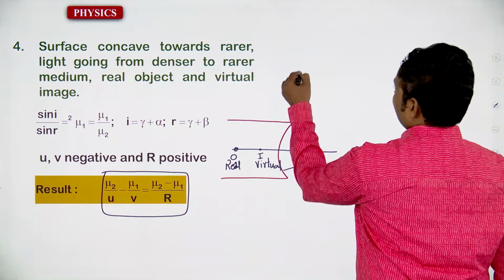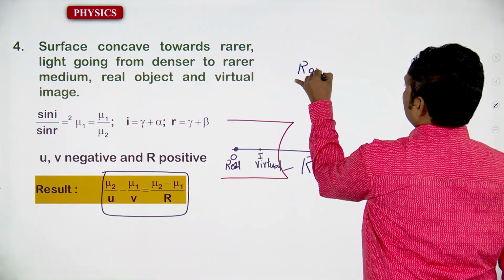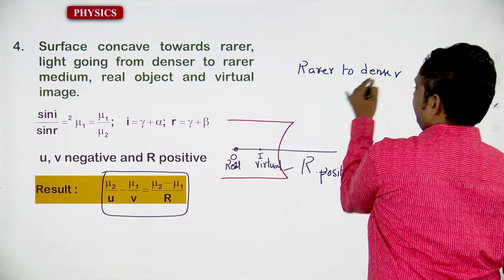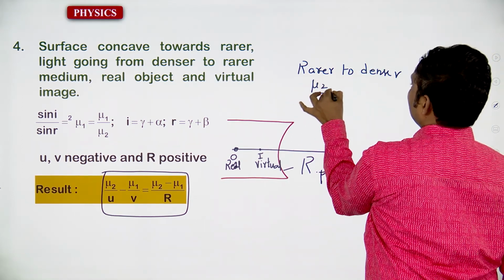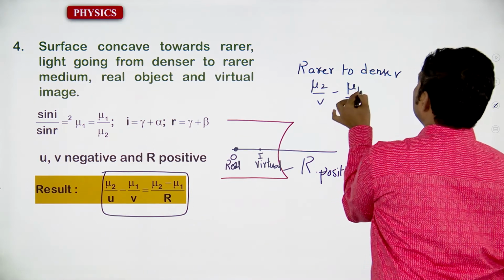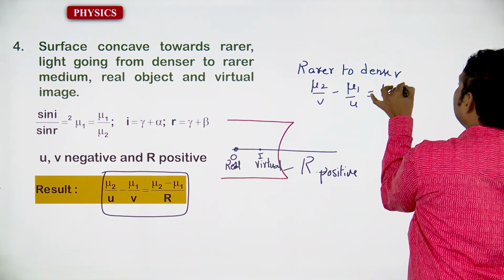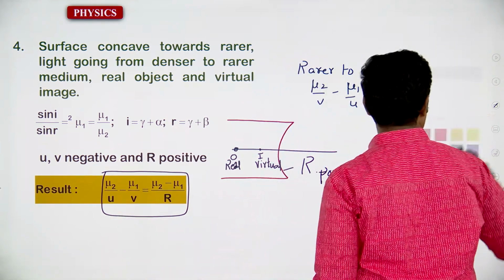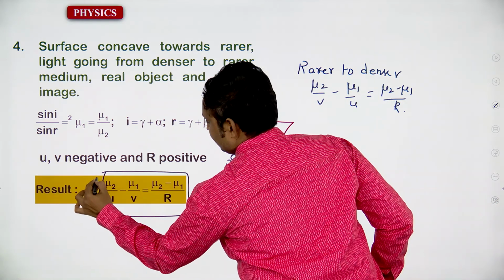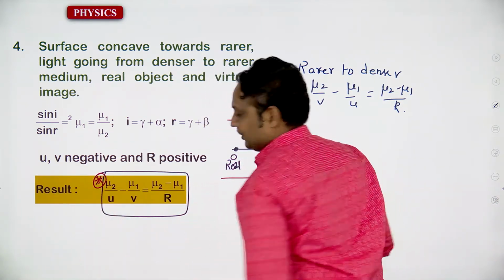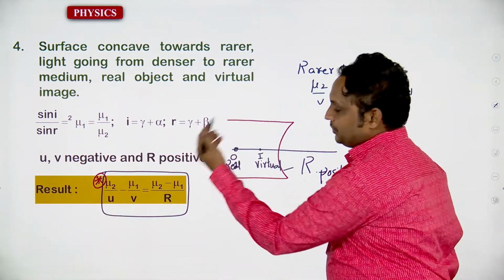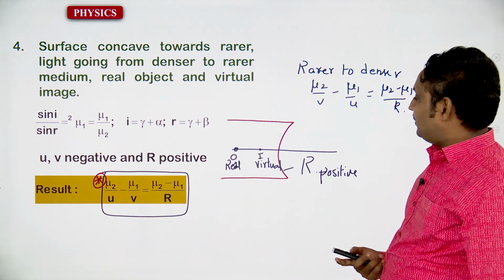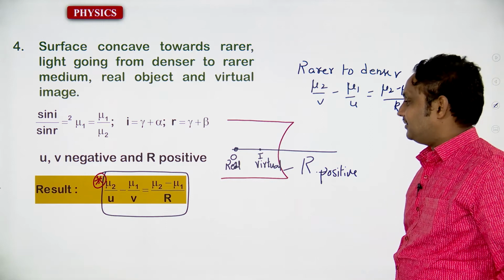Actually, if the formula is going to be for rarer to denser, then you have to consider mu2 by v minus mu1 by u is equal to mu2 minus mu1 by R. It is very clear. But what you have obtained, this is very common observation. What you have taken is mu2 by u minus mu1 by v is equal to mu2 minus mu1 by R. It is very clear, we are having that one.